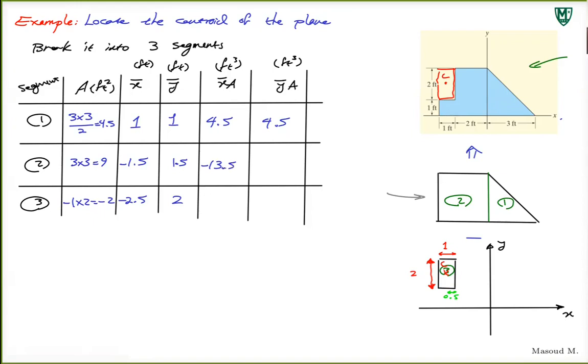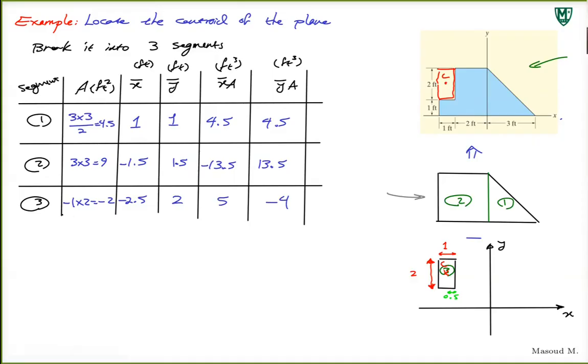Y bar multiplied by area, 1.5 times 9, becomes 13.5, but this time positive. For segment 3, minus 2.5 times minus 2 becomes positive 5, and then 2 times minus 2 is minus 4.